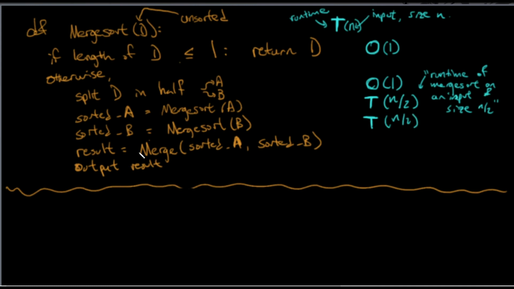And so what is the runtime here of merging these two? Recall that when we defined our merge function, we said we would look at the top of each deck of cards, and we would keep taking the smallest element.